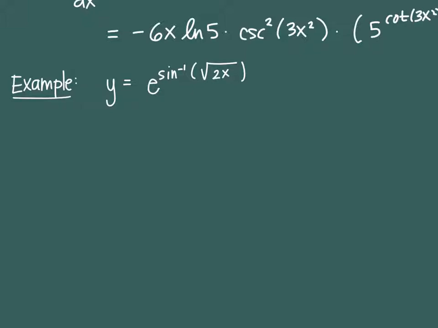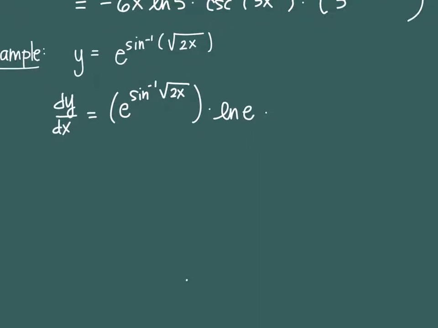All right, so we've got now the sine inverse as our power. So dy dx would be this original function itself, e to the sine inverse of the square root of 2x, multiplied by the natural log of e. So we'll just get that done and out of the way.